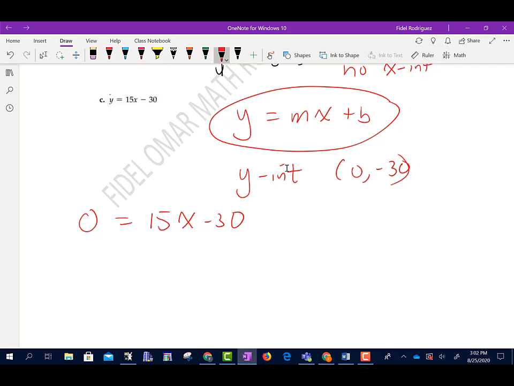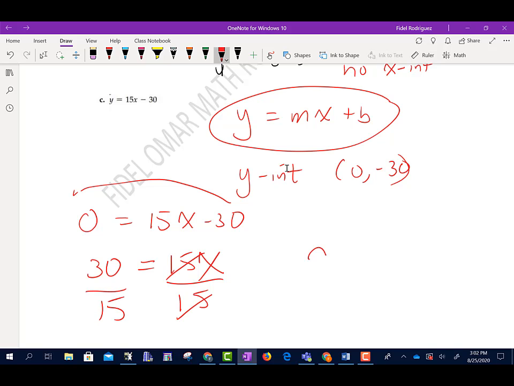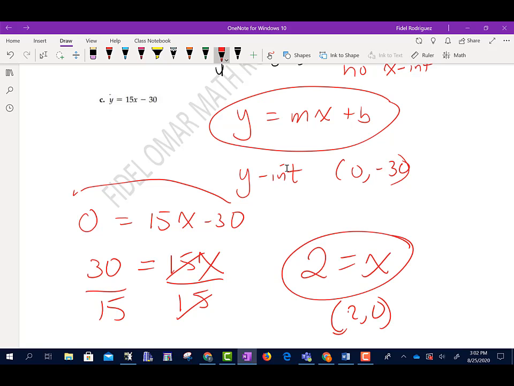Just like we did before, that's now going to become a positive 30 equals 15x. So if I divide both sides by 15, I get x equals 2. And so my x-intercept would be 2, 0. Okay.